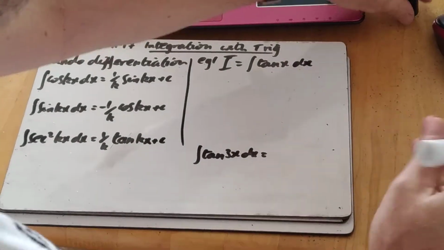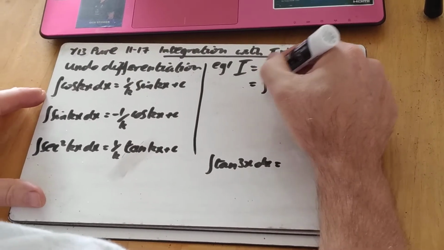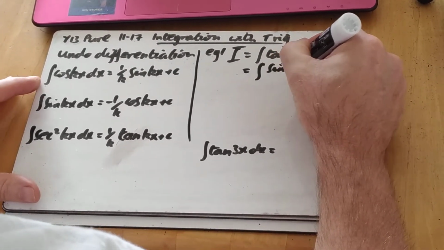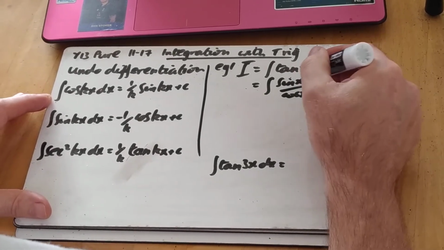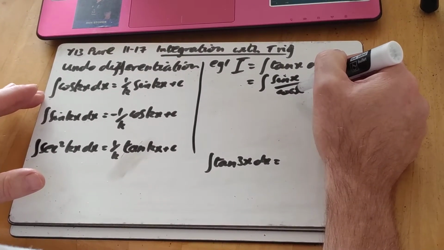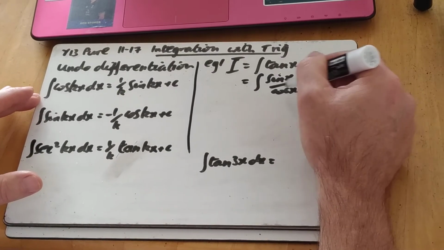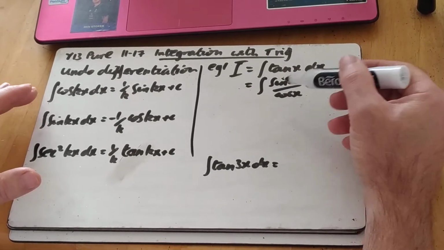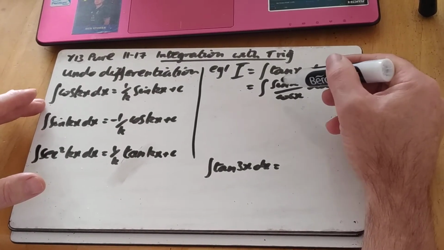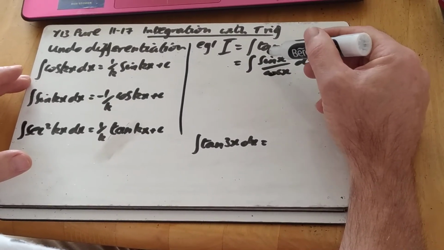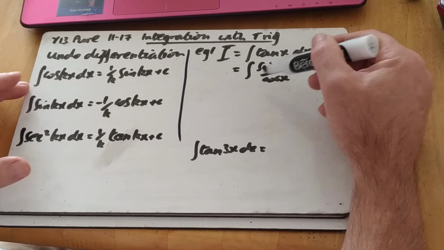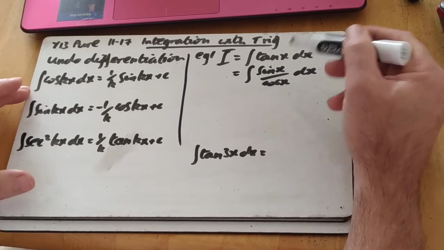What I can do with tan is split it up as sine over cos. I've got a function now where the top is almost the exact differential of the bottom. Because the bottom is to the power 1, I've got a ln answer here. The differential of ln cos would be 1 over cos times the differential of cos, which is minus sine. So if this was a minus, the integral of minus sine x over cos x would be ln cos.